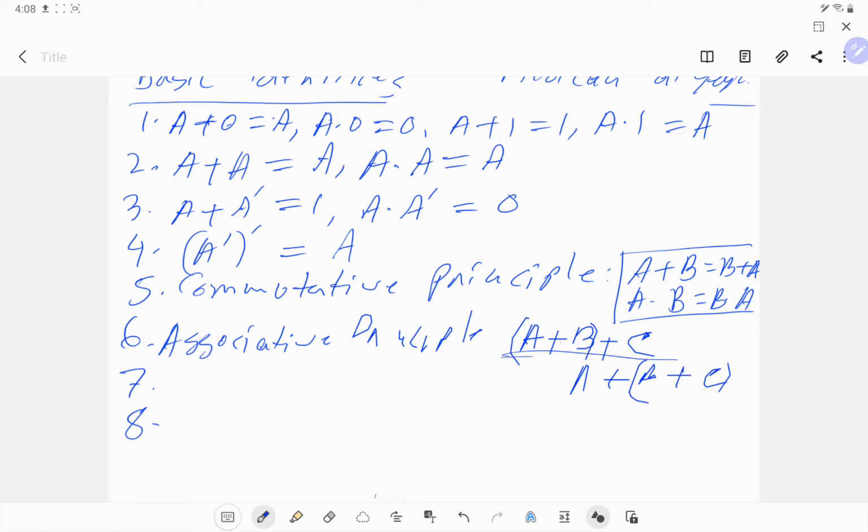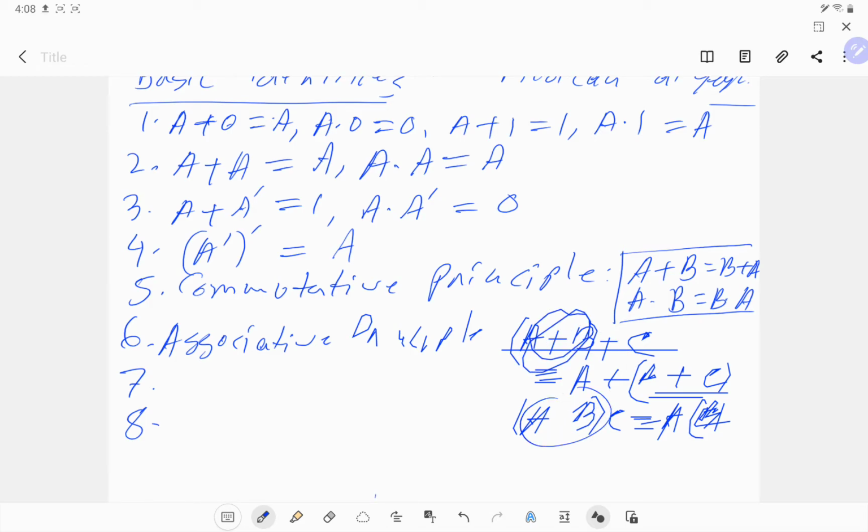In the first expression, the first operation goes first and the second operation second. In the next expression, the second operation goes first and the first operation second. So these are actually the same thing. Similarly, we can do it for times, for A, B, C. If we do this first or that first, it doesn't matter, it gives us the same thing. It's true for or, and it's true for and.